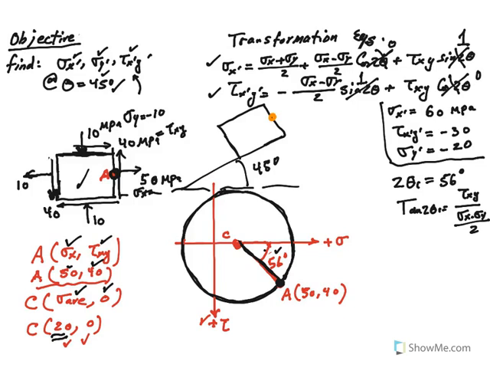So the question is, what is sigma x prime, tau x prime y prime, and then sigma y prime? Remember, we already have the values based on the transformation equations. But how do we do it using Mohr circle? Very simple. You want to move point A from here to here. That is 45 degrees on the element.